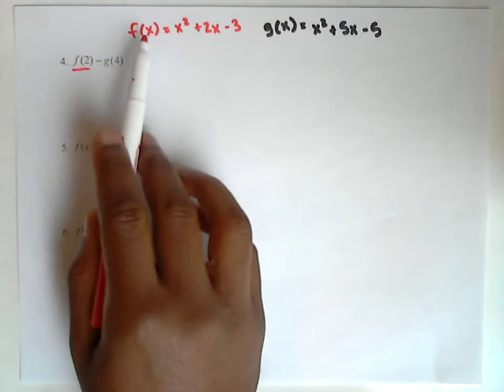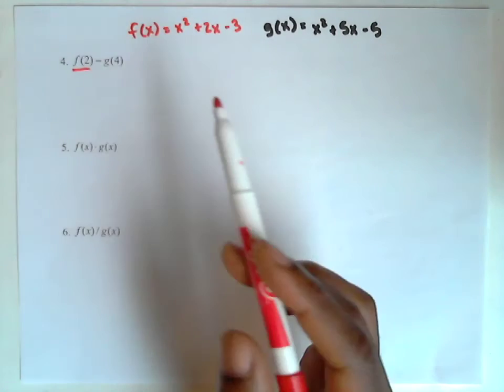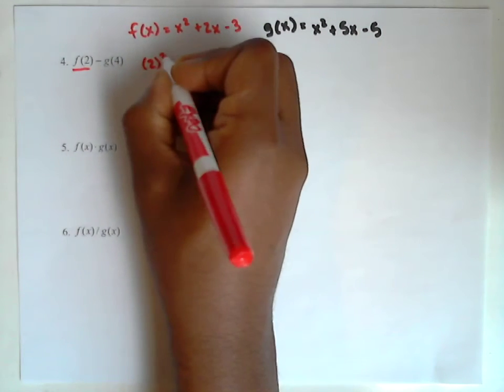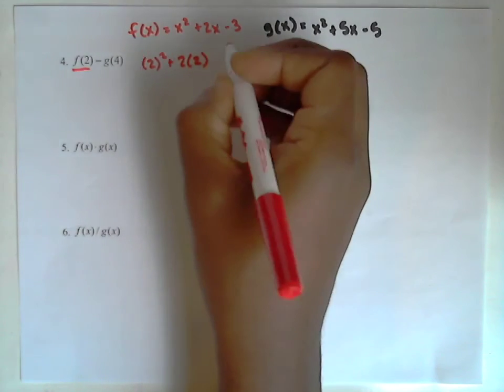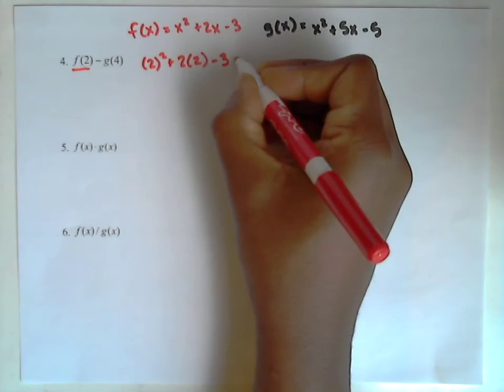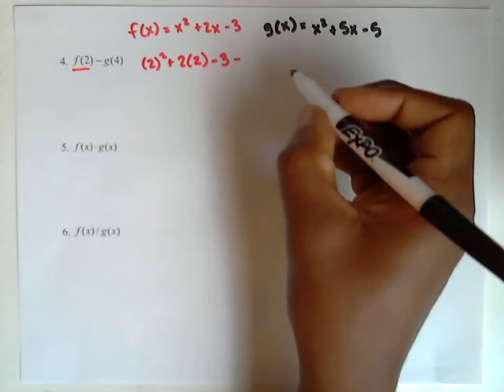Again, when I have f of 2, I go to my f of x, and 2 is my x value. So what I'll have here is 2 squared plus 2 times 2 minus 3, and then I'm going to subtract from that my g of 4.